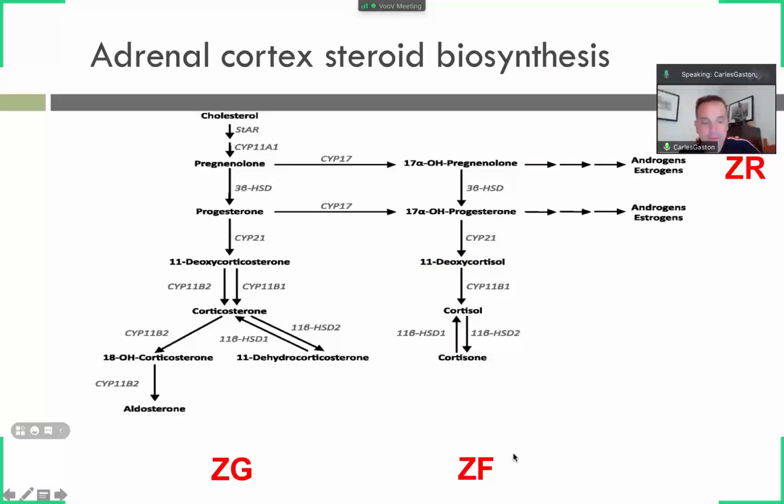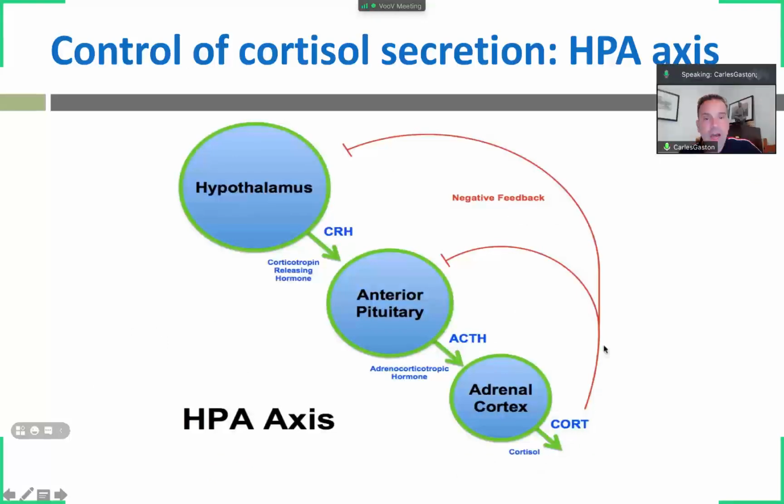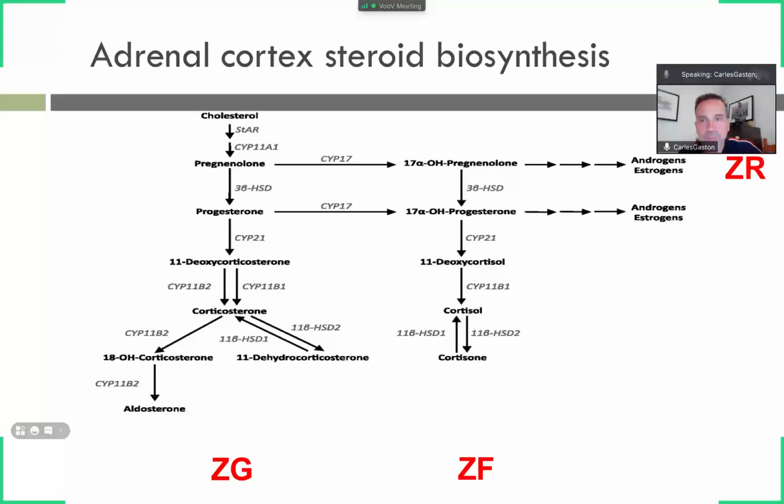Cortisol at the same time has a negative feedback on the anterior pituitary and a negative feedback on the hypothalamus to lower the levels of its secretion. So cortisol secretion is the last element of the HPA axis, the hypothalamic pituitary adrenal axis.